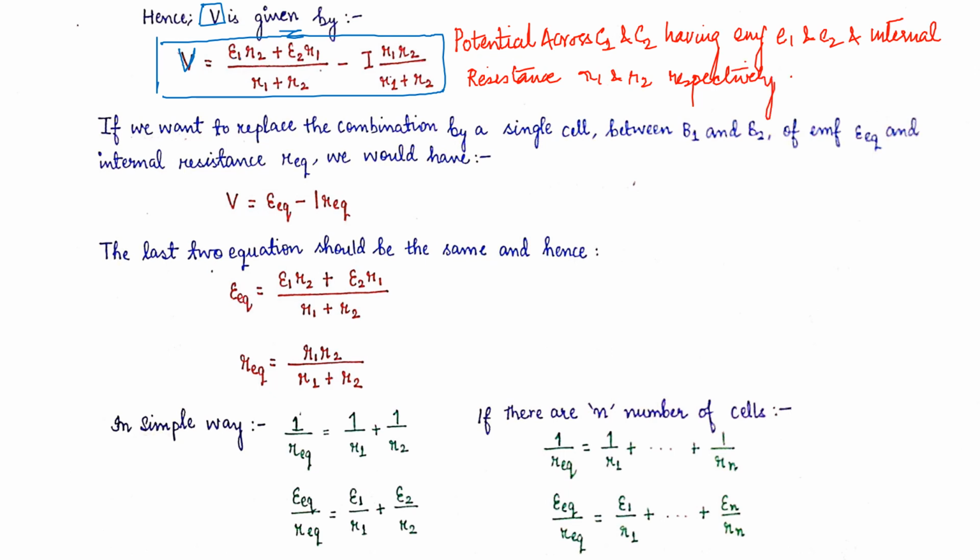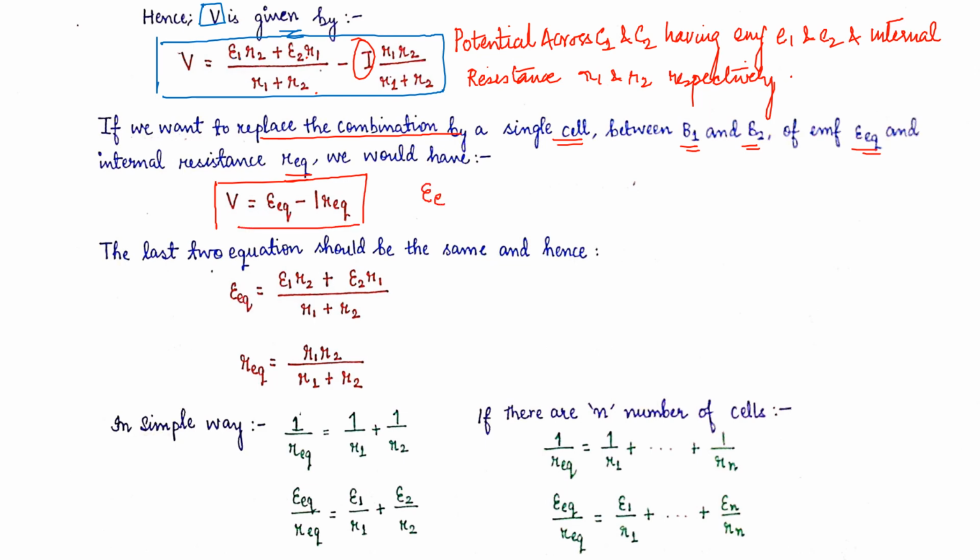For this, the potential is given by (epsilon 1 R2 plus epsilon 2 R1) divided by R1 plus R2, minus the current flowing across the system into the internal resistance. If we want to replace the combination by a single cell between B1 and B2, with EMF E equivalent and internal resistance R equivalent, we would have V equals E equivalent minus I into R equivalent.